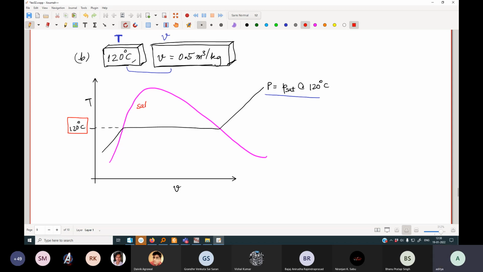this is the saturation dome. Inside this, all the points are in saturation. So I will find out the specific volume of liquid at this point. I will find out the specific volume for T equal to 120, x equal to 0, and I will find out the specific volume at this point, that is V at T equal to 120 and x equal to 1.